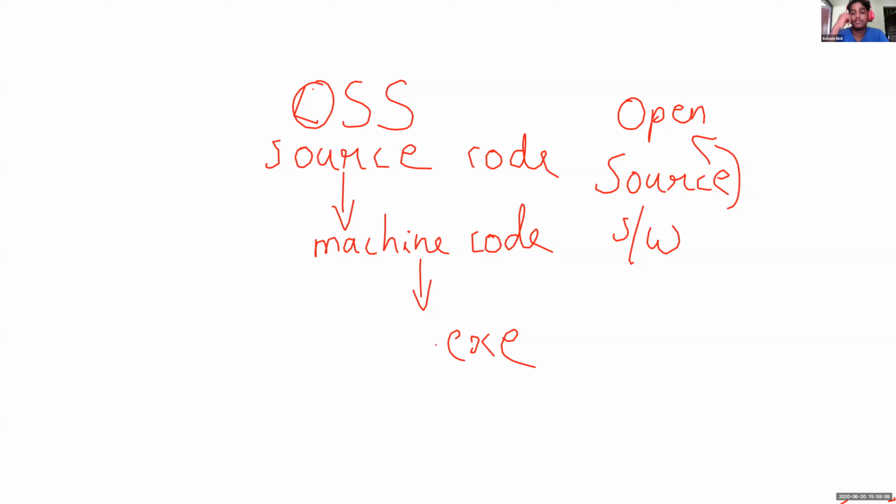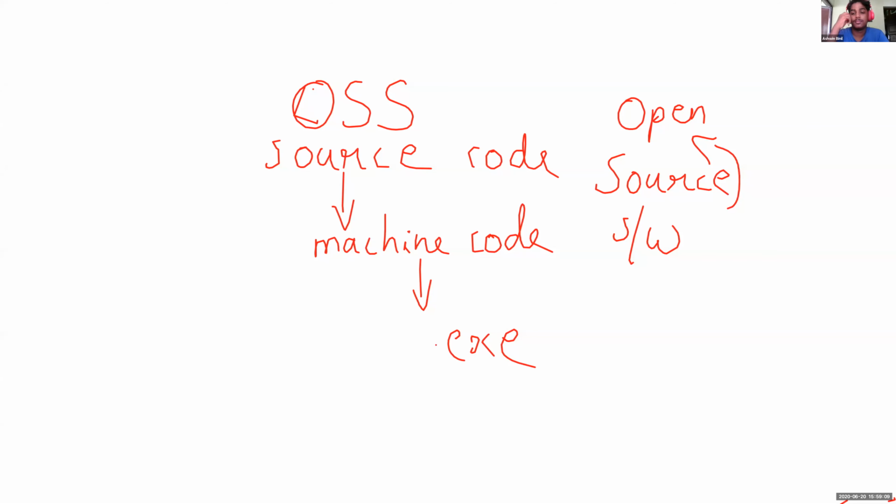It can be viewed and it can be updated, but it may or may not be free of cost. But in free software, it is freely open and you can edit and freely distribute. No need of any payment. Completely free. That is the meaning of free software.